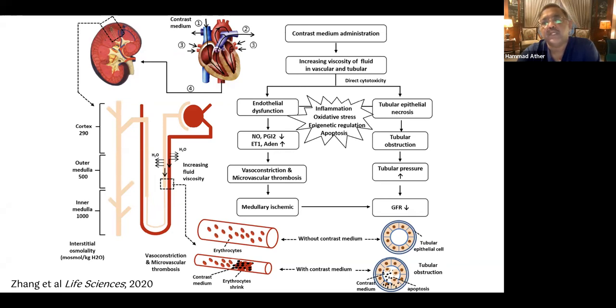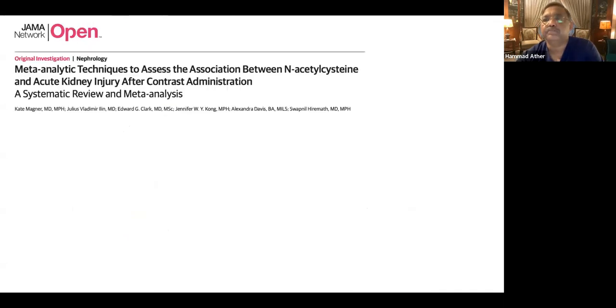And all this can result in vasoconstriction, microvascular thrombosis, medullary ischemia, and this can result in contrast-induced nephropathy. So it's a complex phenomenon with interplay of various pathophysiological events which are taking place more or less simultaneously.